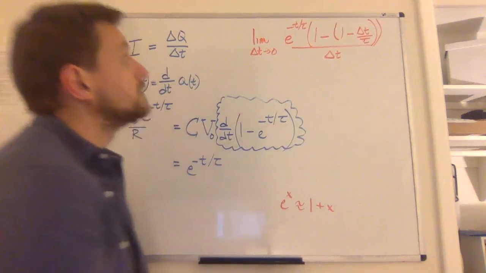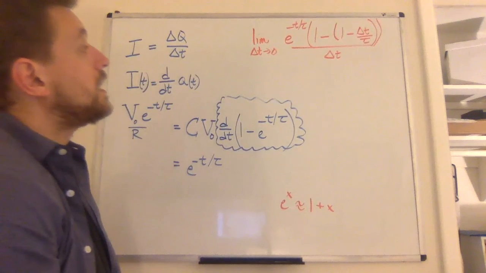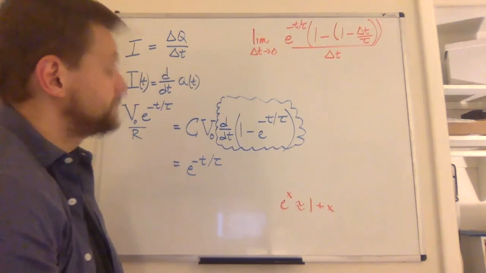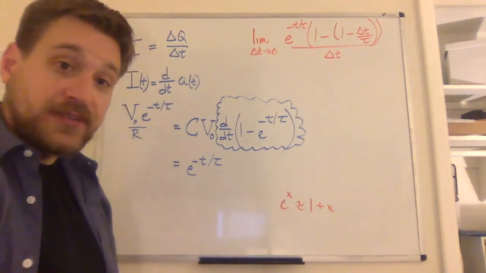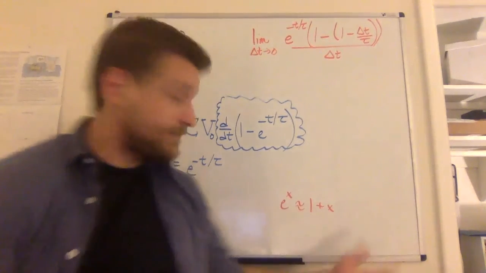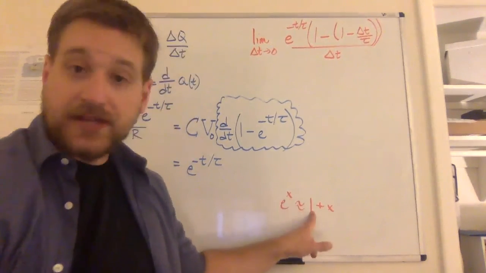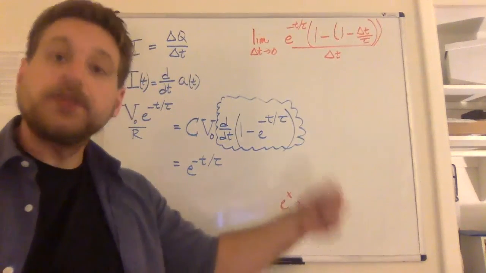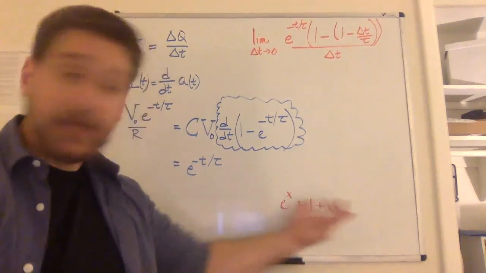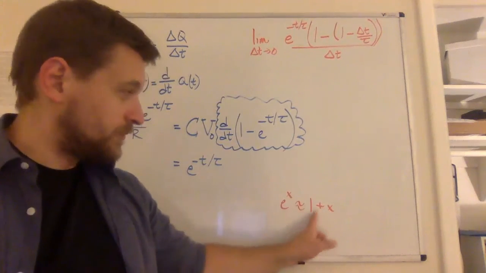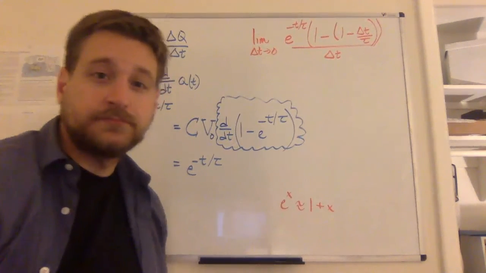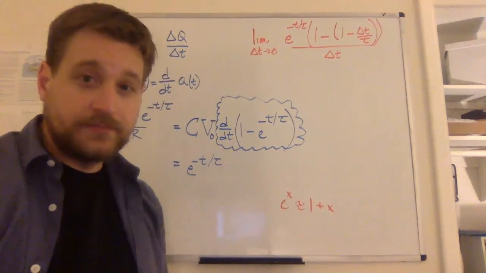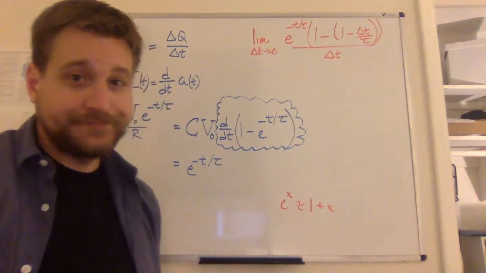Let's put that there. It's not super convincing, but you can try it. E to the 0 is in fact 1 plus 0. E to the 0.01, try it, is 1.01. It's eerily accurate.